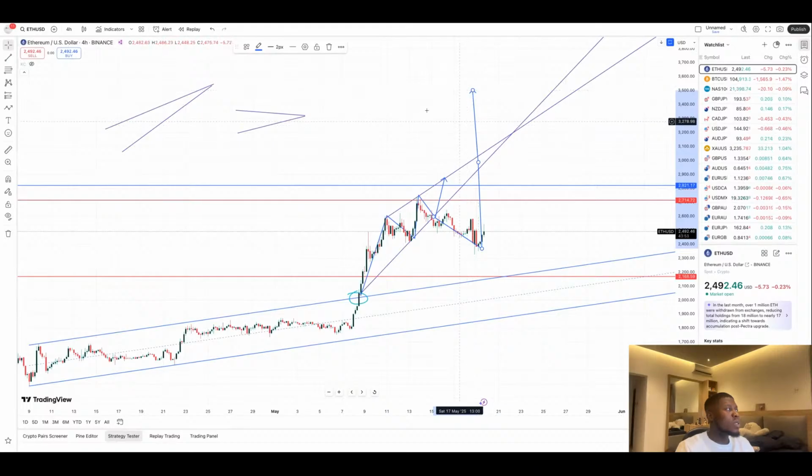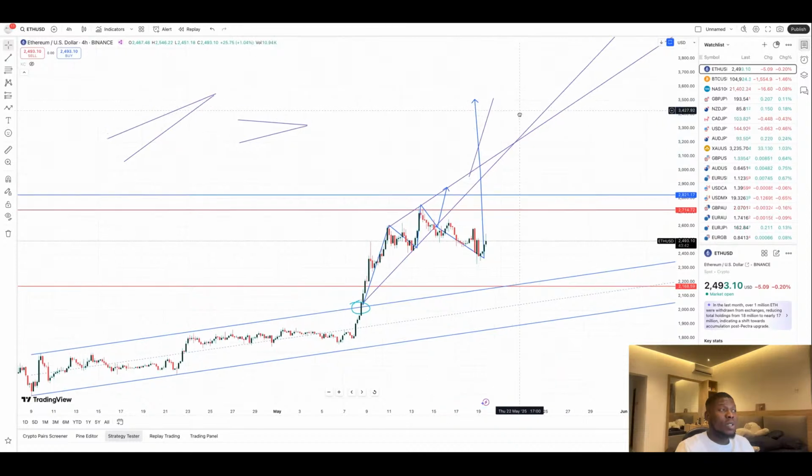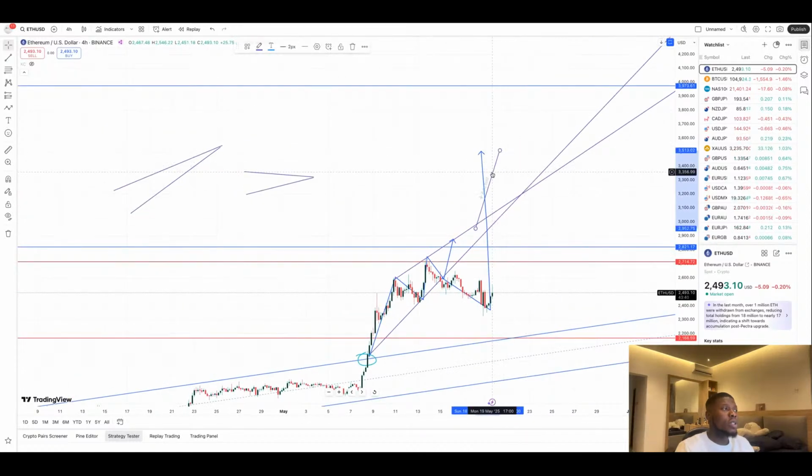Whenever it breaks out, then you have to measure from here to wherever it breaks out. Even if it takes a lot of time to come back down to this place, you're still going to measure the point of breakout. Then you place this measurement. You measure from here to here. That's how you measure your chart pattern.